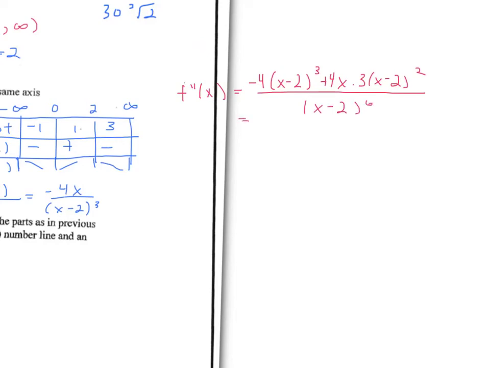So simplifying that, it looks like we can factor out a negative 4 and an x minus 2 squared. And we'll be left with an x minus 2 and a negative 3x.